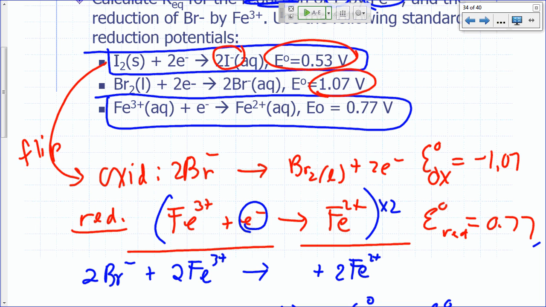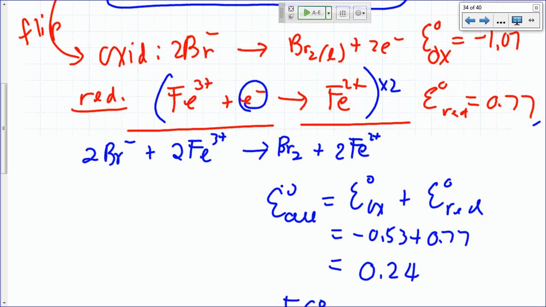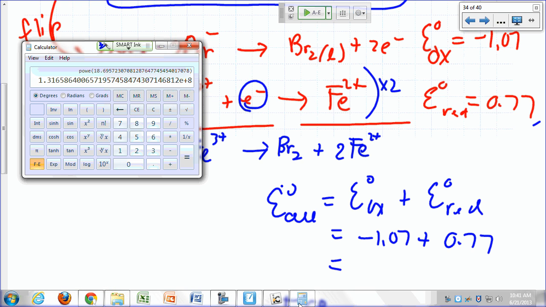What do you see here? What's our cell potential this time? You're going to have negative 1.07 plus 0.77. What would that be? 0.77 minus 1.07, that's negative 0.3.